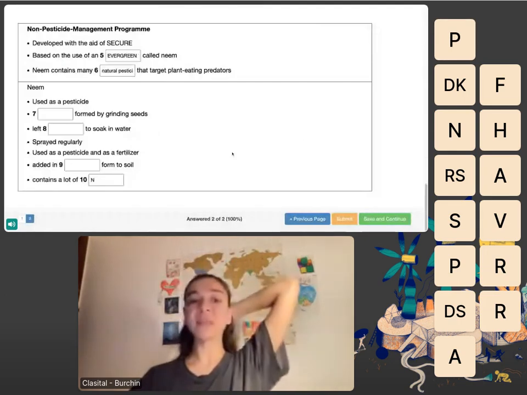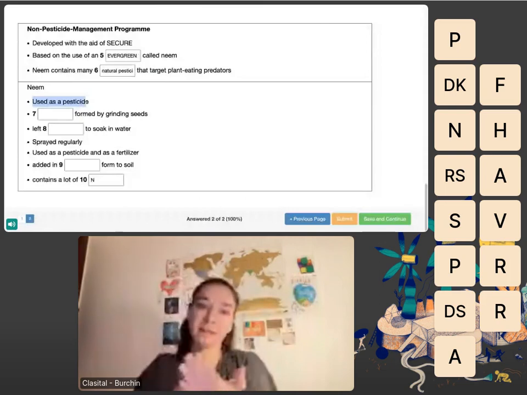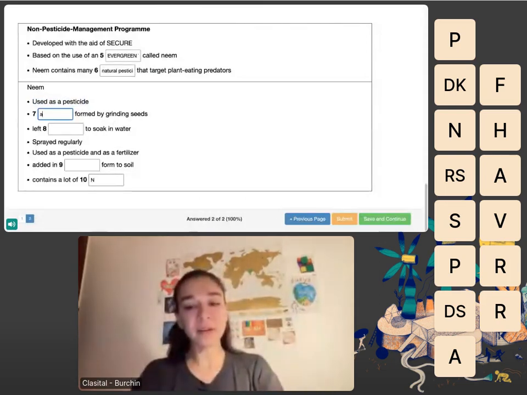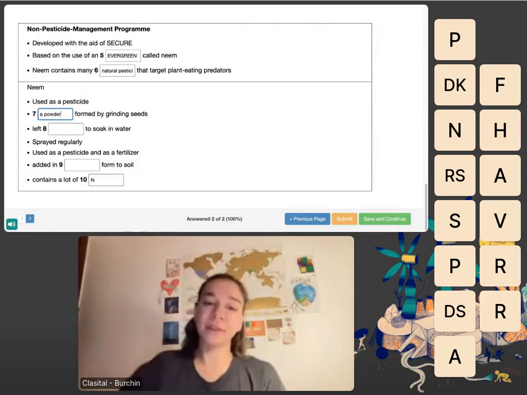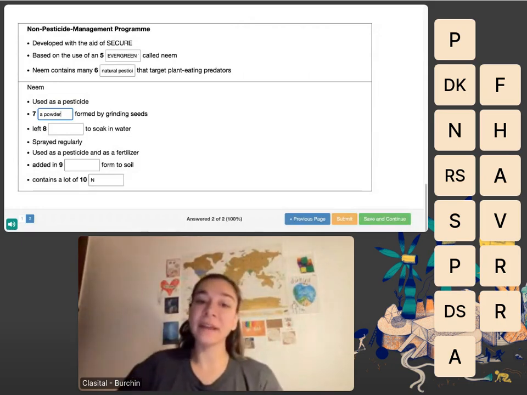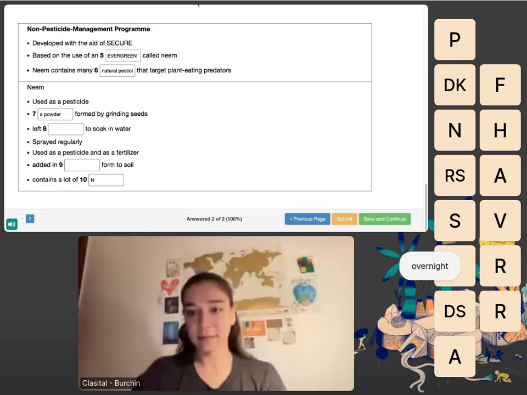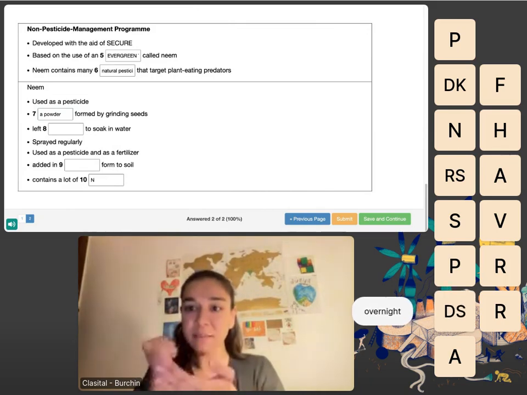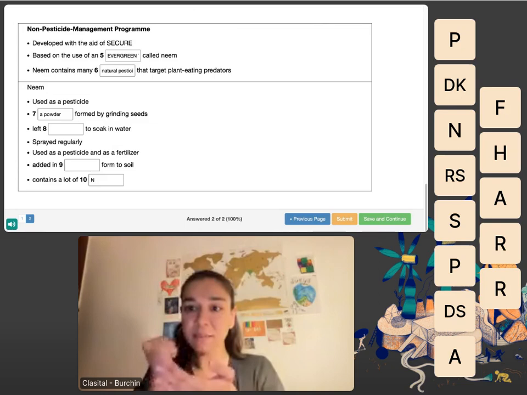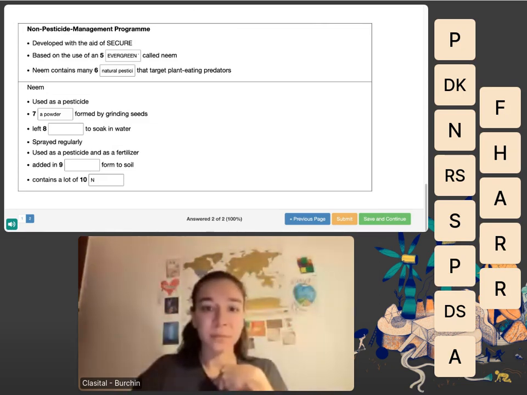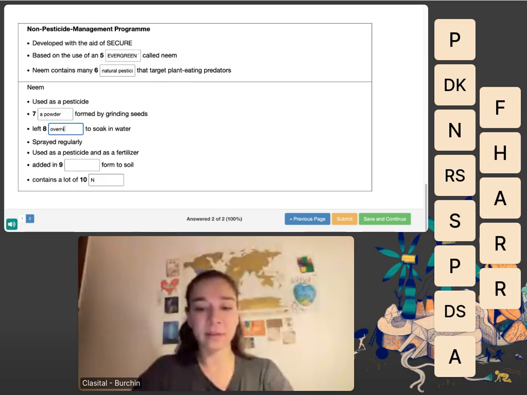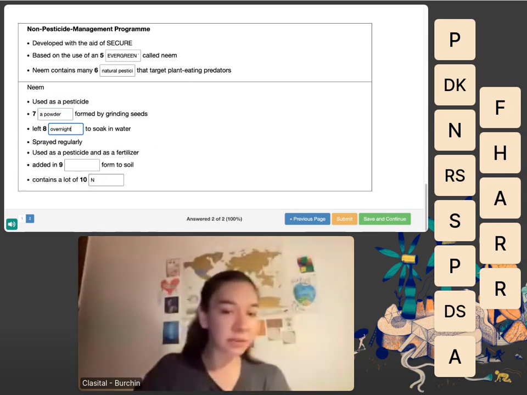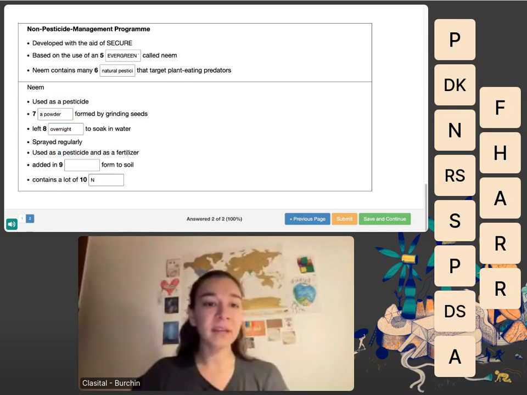Used as a pesticide. Something formed by grinding seeds. A powder formed by grinding seeds left overnight. The seeds are simply ground into a powder soaked overnight in water. Left overnight, soak in water, spread regularly, used as a pesticide and a fertilizer.